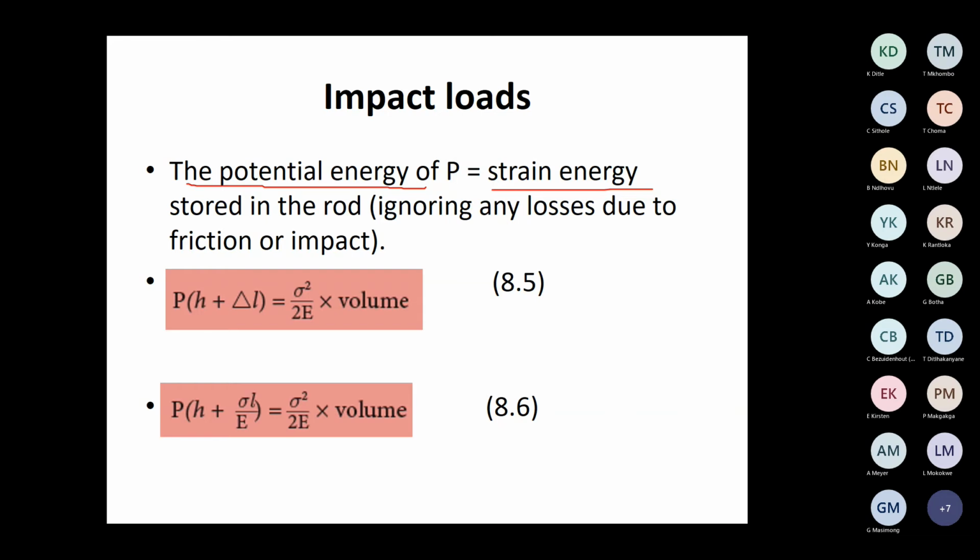All right, that means for my potential energy, that formula I think you guys know, I hope so. It is your load multiplied by the height it is falling plus my change. Remember my change now is stress times L over E, or PL over AE, multiplied by my strain energy. There they indicate what your change in length is.